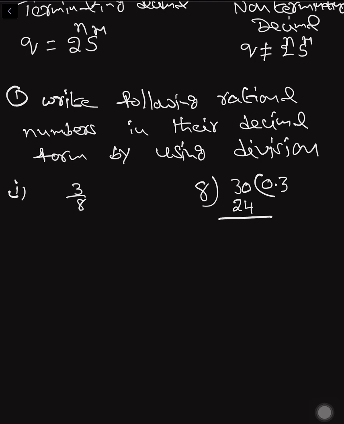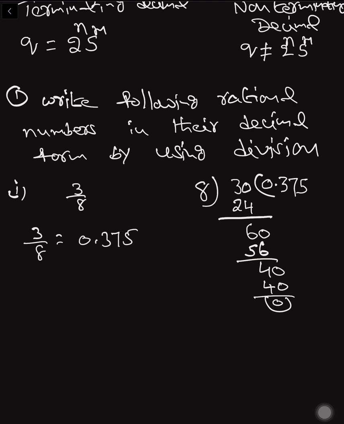Now 30 minus 24, 6. Save. 0. 8 sevens are 56. 4. 0. 8 fives are 40. So 3 by 8 is equal to 0.375. It is a terminating decimal.